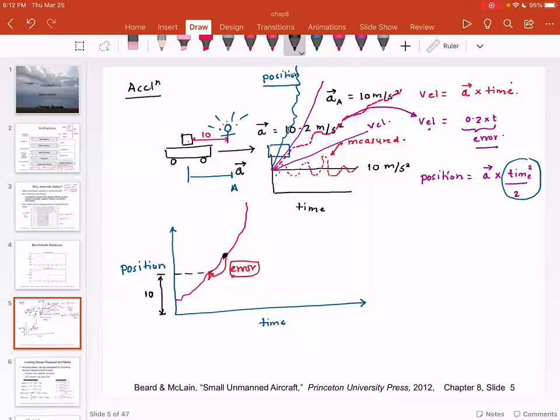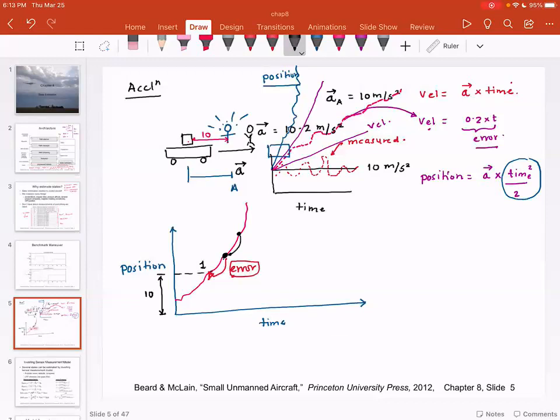But here is the problem. This error is corrected only at one point. So as Alejandro said, unless I have reference points that are completely known and do not change during this travel, I am not able to cancel out the error. So imagine there is another lamppost. Then I can correct it over here as well.